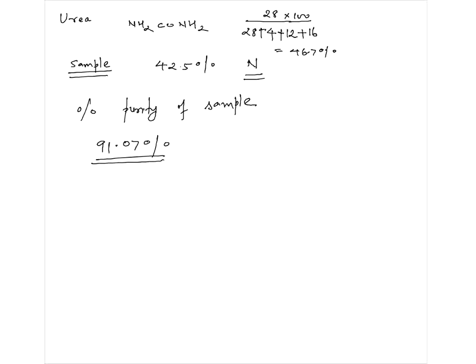Now, 46.7% it should be for pure urea sample, percentage of nitrogen, but it is 42.5%. So is it not possible to tell the percentage purity of that sample?